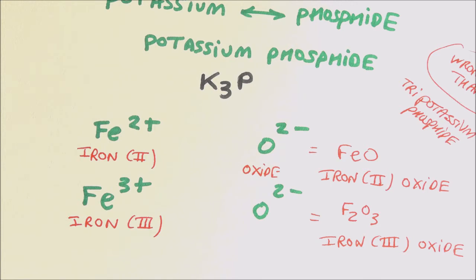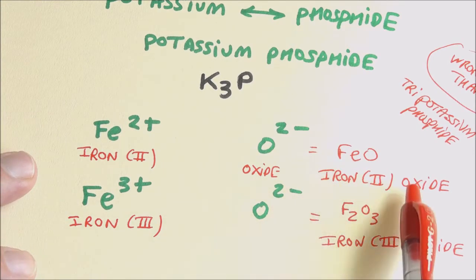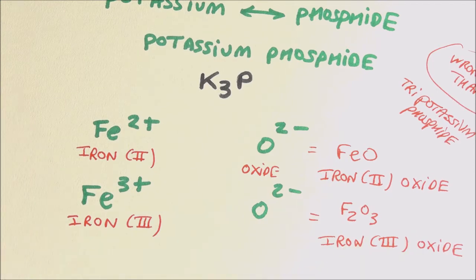Is it from the transition metals? You look up where iron's position is, and you say, I have to state what the charge is, because there's more than one possible way you could make iron combine with oxygen, in a 1 to 1 and a 2 to 3. The old school names, by the way, would be ferrous oxide and ferric oxide.